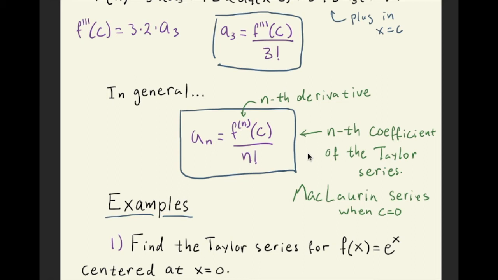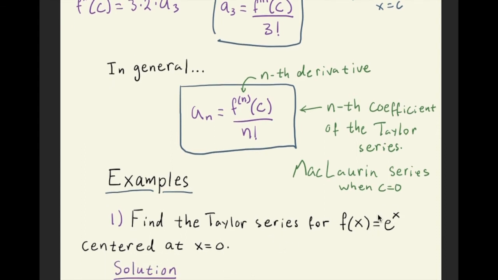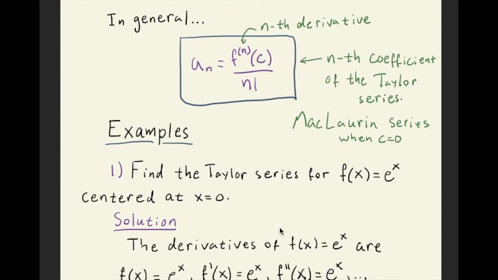All right. So let's go through some examples. Let's find the Taylor series for f of x equals e to the x centered at x equals 0. That would be a Maclaurin series if you use this name because it's centered at 0, but it's very common to just call it a Taylor series. All right, so first we compute the derivatives.